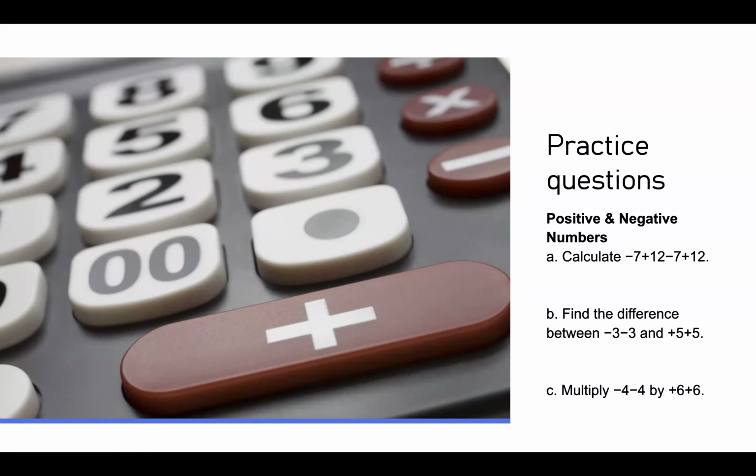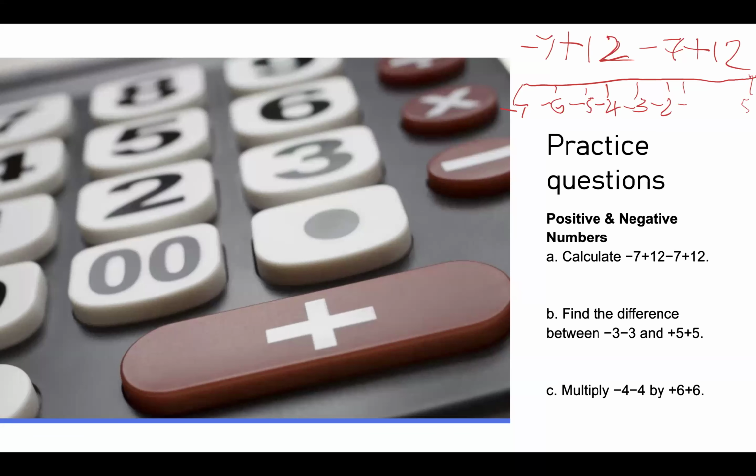So -7 + 12, if I just throw it here on the number line quickly: -7, -6, -5, -4, -3, -2, -1, 0, 1, 2, 3, 4, and 5.